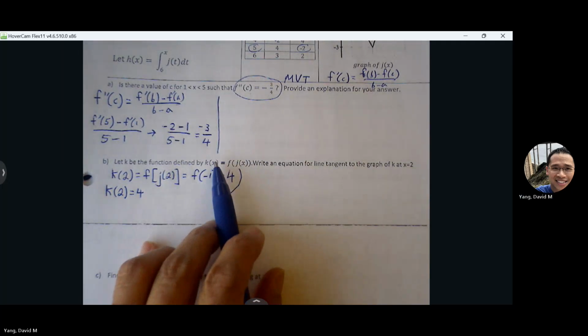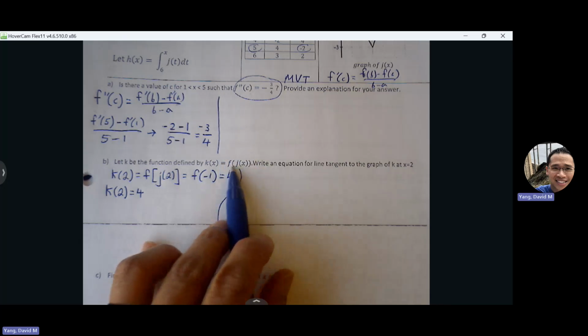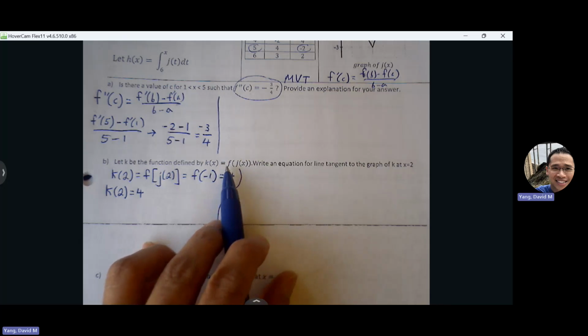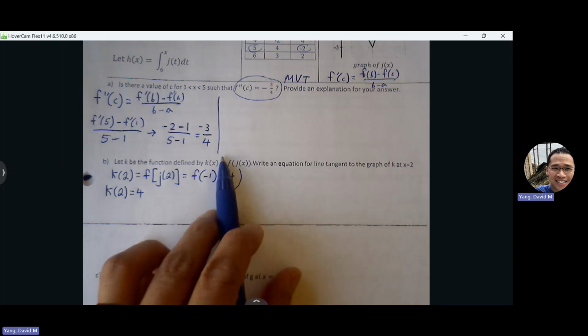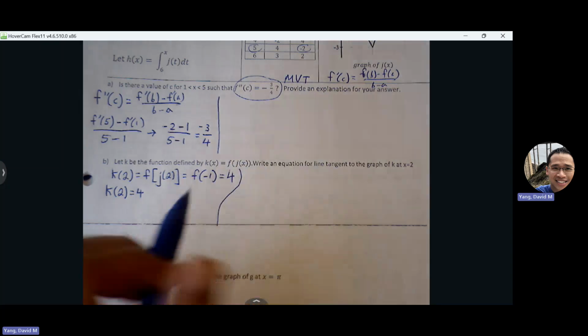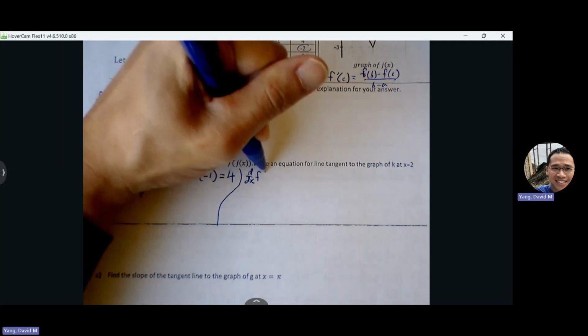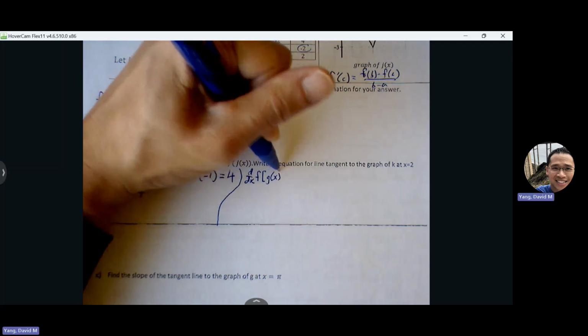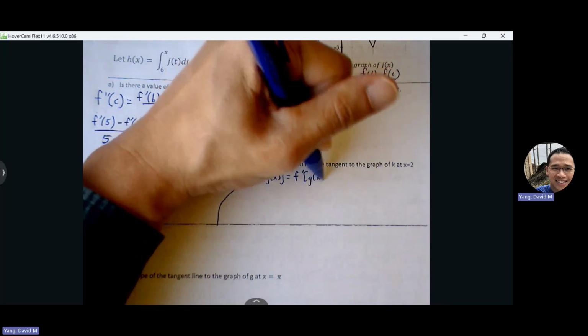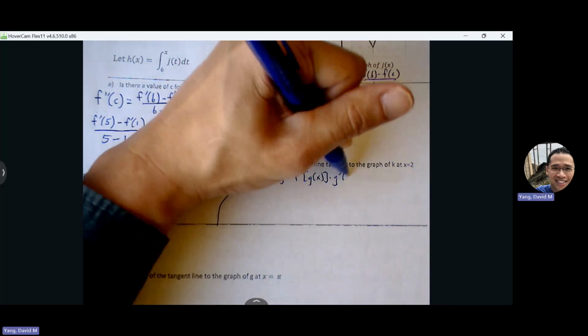Next up, we have to find the slope. To find the slope, we've got to get to the derivative. So we should recognize this as what? If I want to find k prime, I've got to go through what? Chain rule. Yeah. So if you recall, the derivative for chain rule, you don't have to write this down. So I want to show you what the rule is. f prime of g of x times g prime. Right.